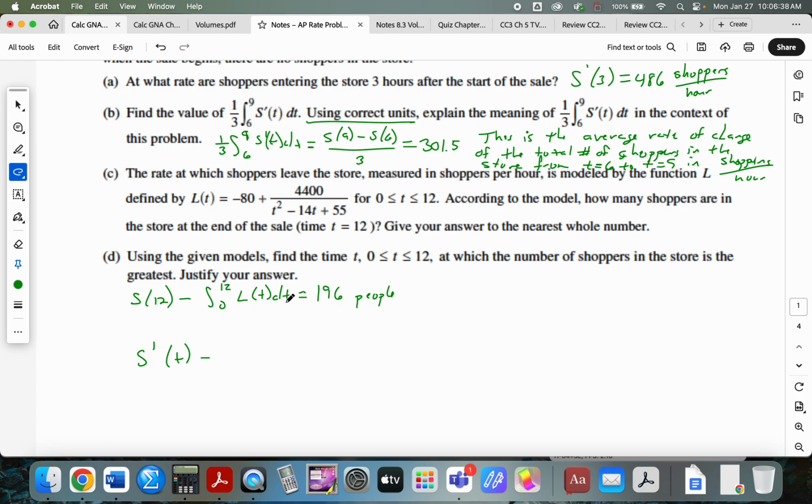Well, the derivative of the integral of L of t is going to just be L of t, right? I want to know when this happens. When is S prime of t minus L of t equal to 0?